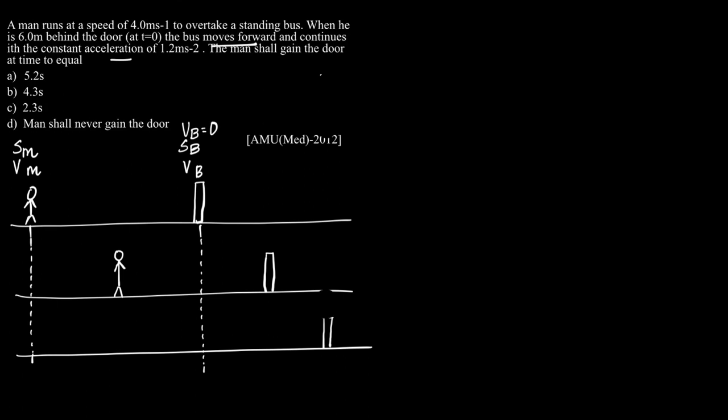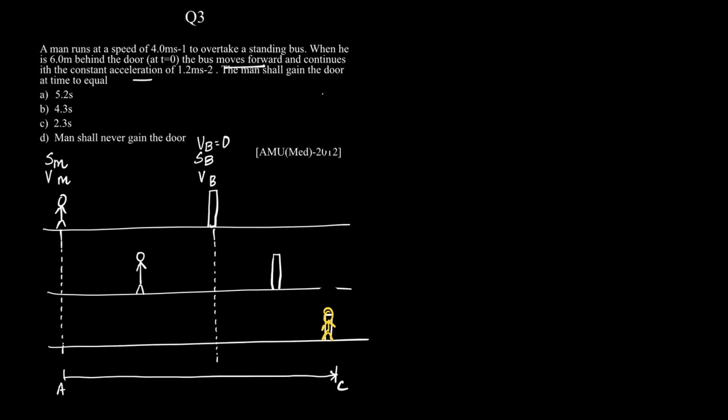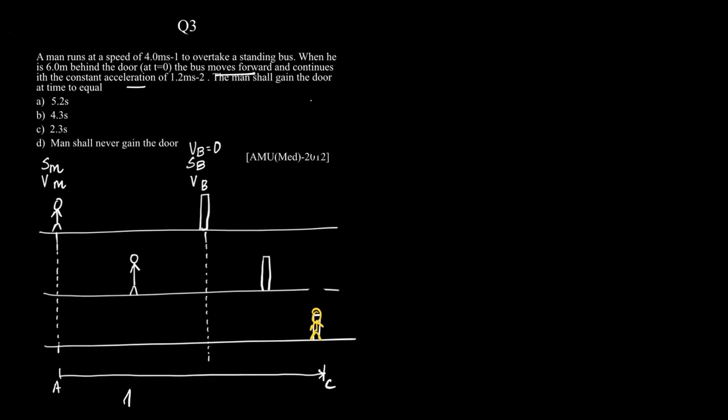I think it would be better if we draw it like this. So the man has now gained access to the bus. In which case, what is the distance moved by the man? The man was initially here. Let me mark that as A. And the man has now traveled this far and reached here, which I'll call C. So AC is the distance traveled by the man.